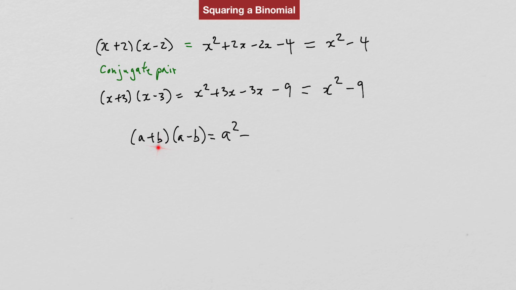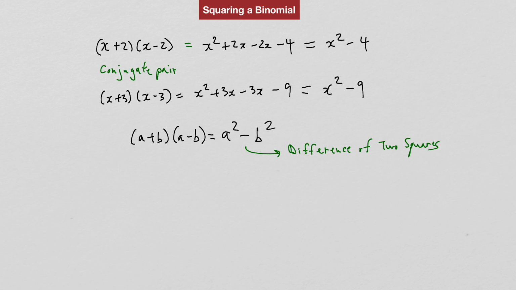So in other words, we're going to multiply b times negative b, and we get minus b squared. The result here is called the difference of two squares. This is a square, this is a square. It is the difference, right? This is what that negative is, difference of two squares.